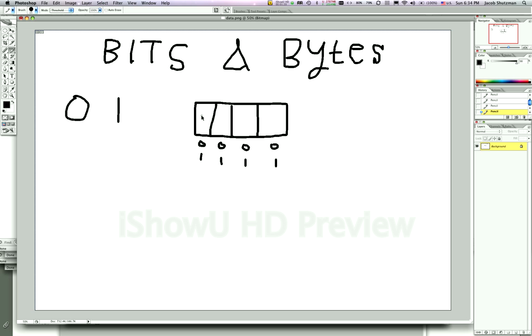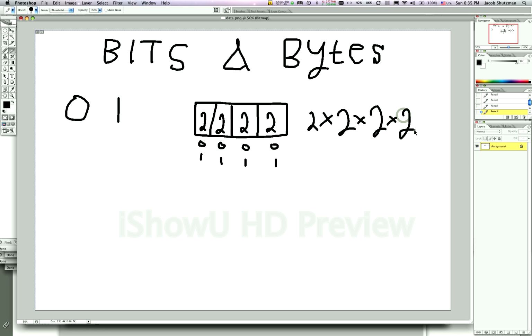The answer is simple. There are 2 possibilities here, and 2 possibilities here, and 2 possibilities here, and the same in the 4th one. So in order to calculate how many possibilities we have for all those 4, we simply multiply 2 times 2 times 2 and the 4th time.